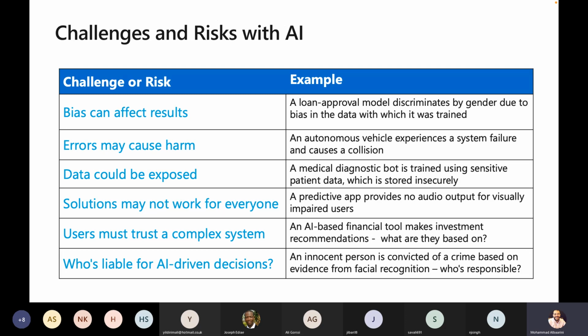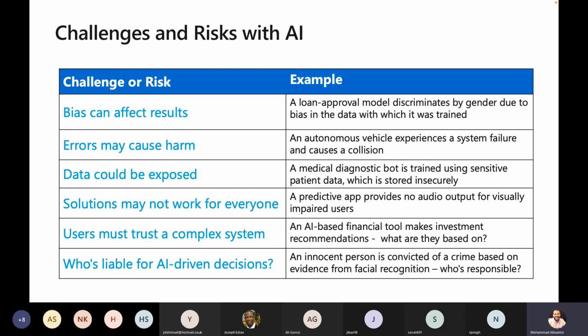Solutions may not work for everyone. A predictive application provides no audio output for visually impaired users. And users must trust a complex system, which is one of the challenges as well. An AI-based financial tool makes investment recommendations. What are they based on? So these are some of the challenges.